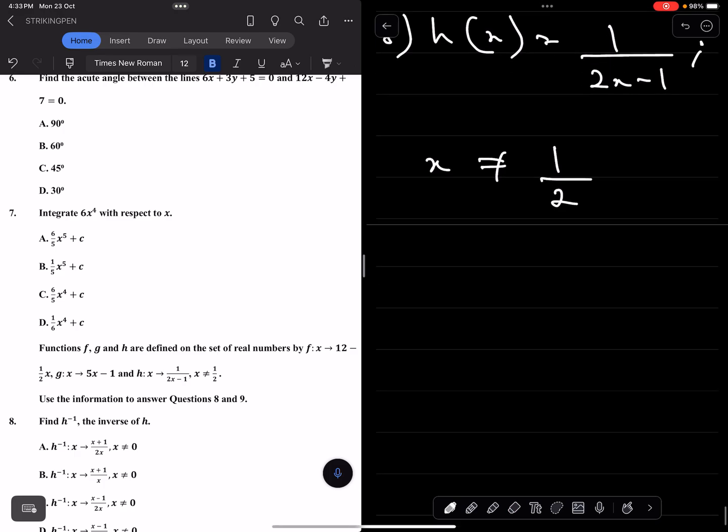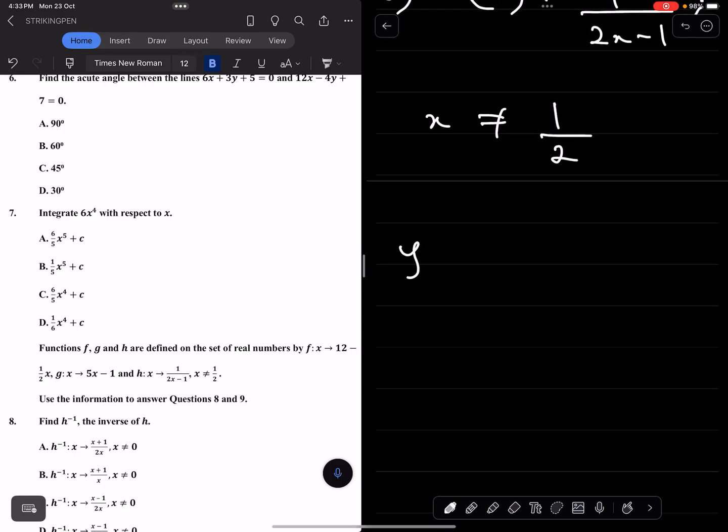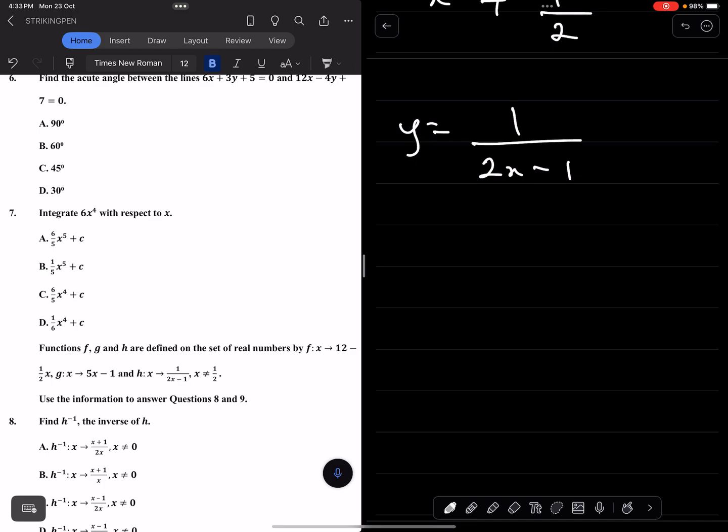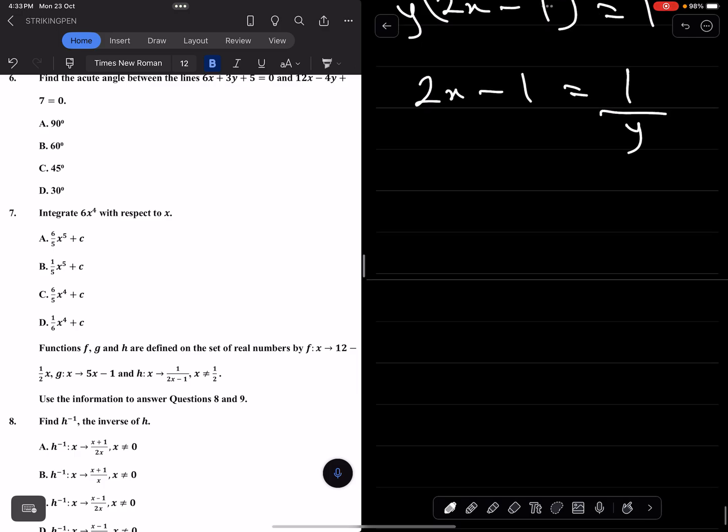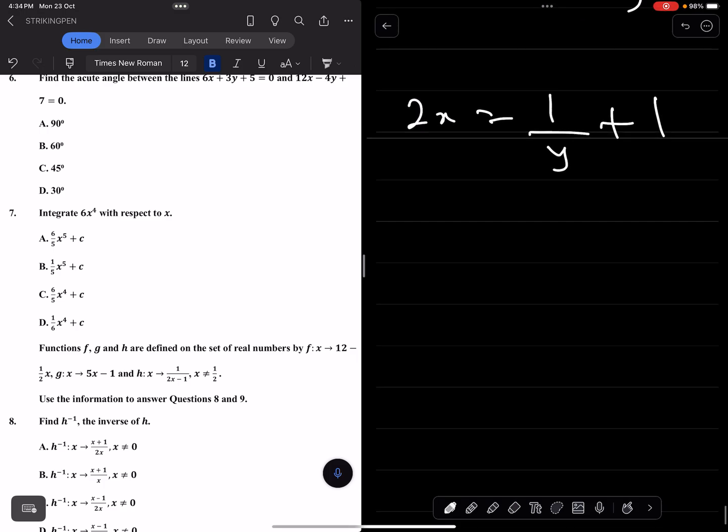Now let h of x be equal to y. That means y equals 1 all over 2x minus 1. Now, I want to make x the subject of this formula. And that means y into bracket 2x minus 1 equals 1. Which means 2x minus 1 equals 1 over y, and that's the same as 2x equals 1 over y plus 1.